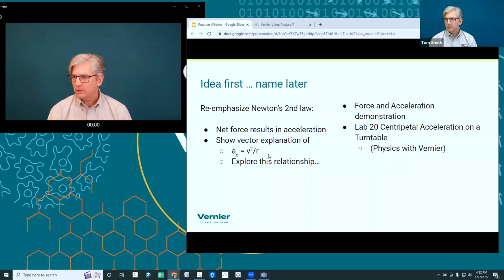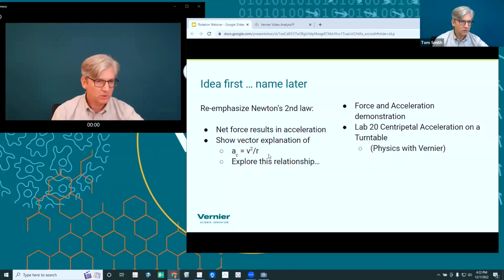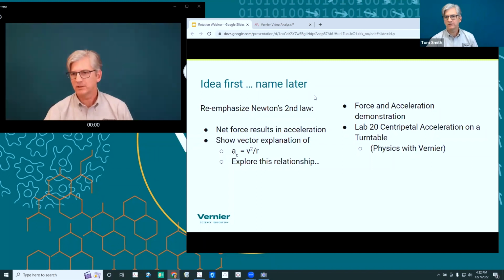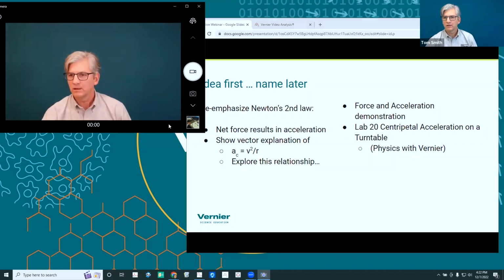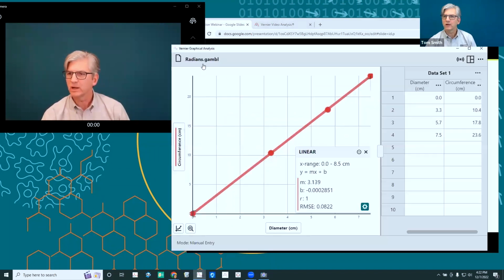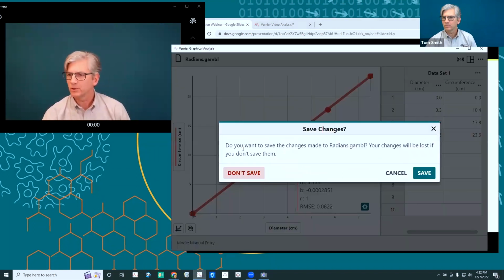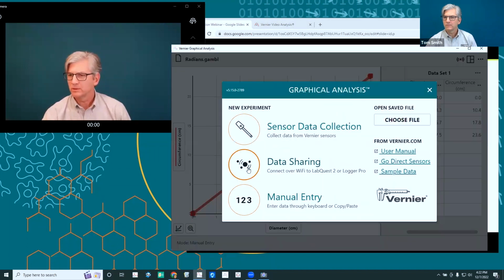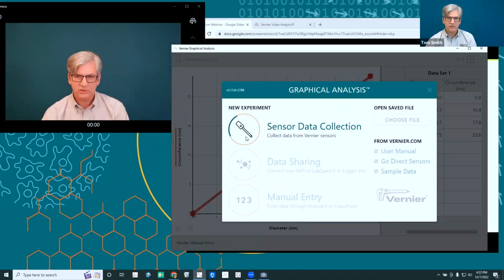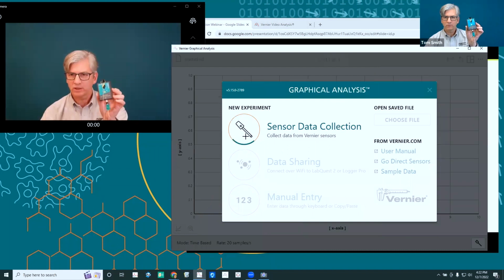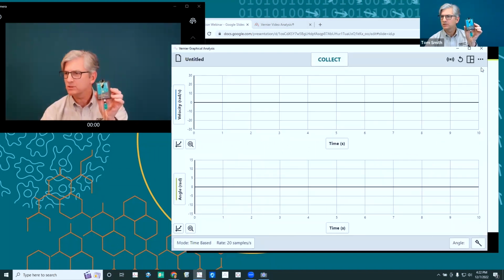And then we have a couple of labs to play around with here. One is just a simple demonstration. I'll see if I can do this. Let's just give this a try. New experiment. I'm going to do some sensor data collection with a Go Direct Force and Acceleration sensor.